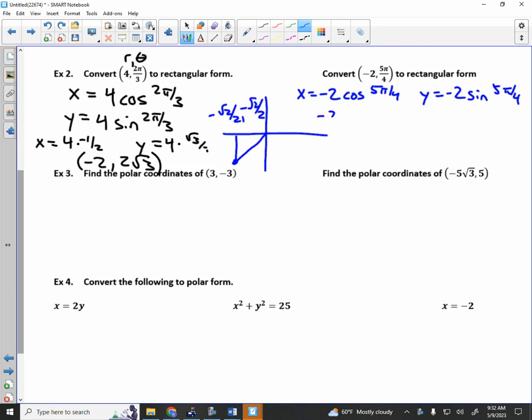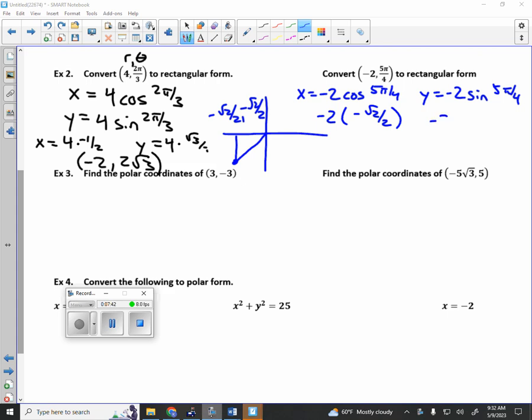So negative 2 times negative root 2 over 2, and negative 2 times negative root 2 over 2, same thing. A negative times a negative is positive, so you just get root 2 for each.